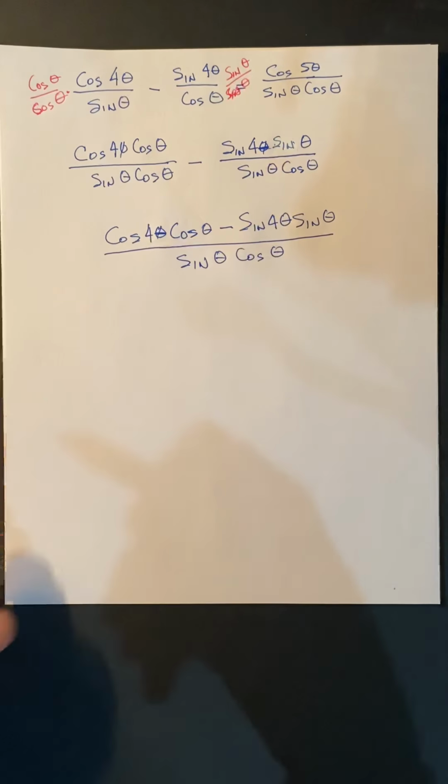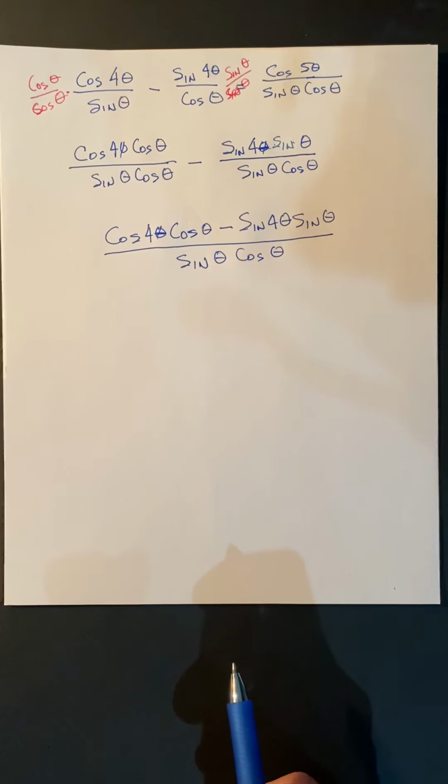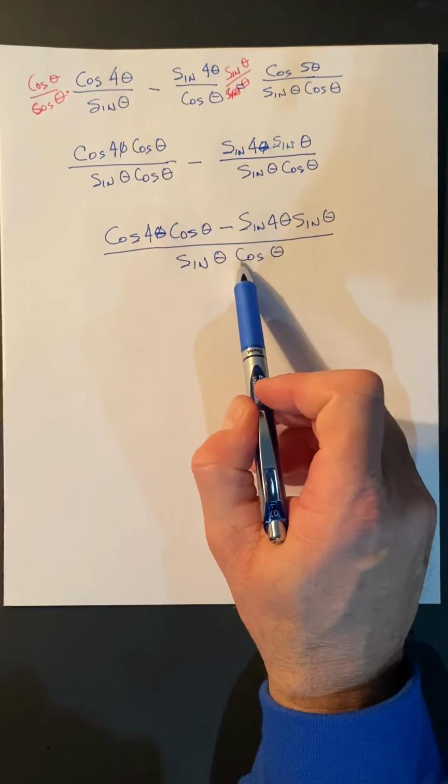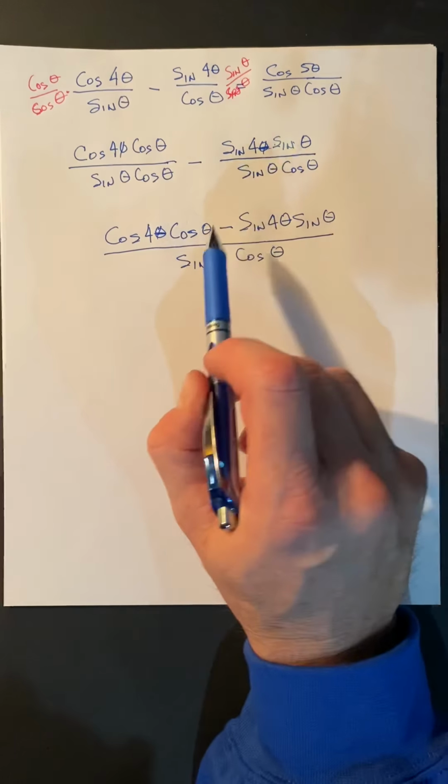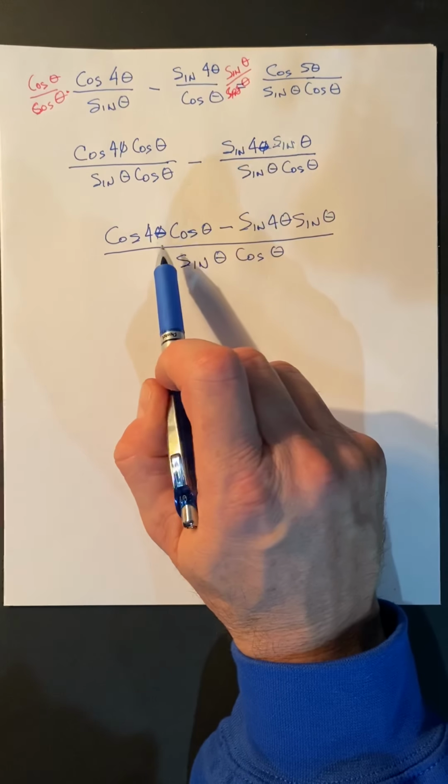Okay, so remember, I'm trying to verify an identity, and my denominator now matches what it was I was trying to match. So let's look at this numerator here.